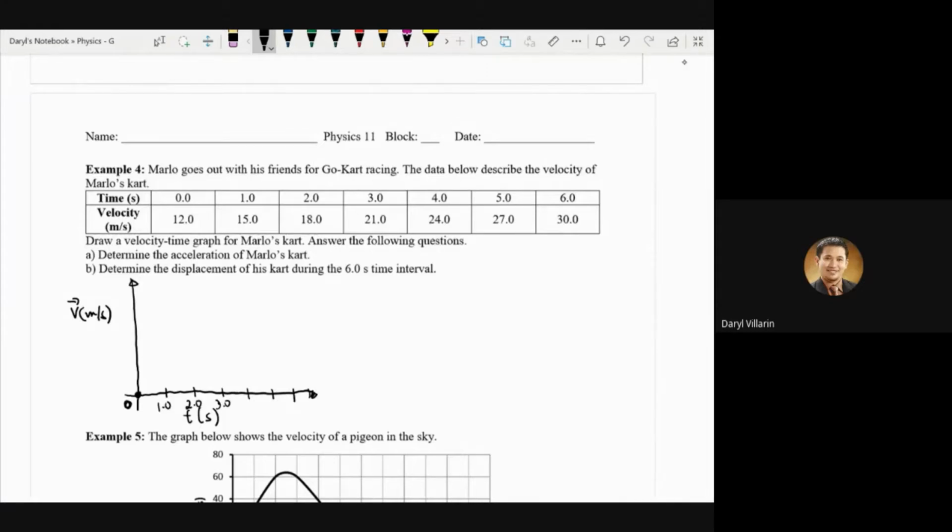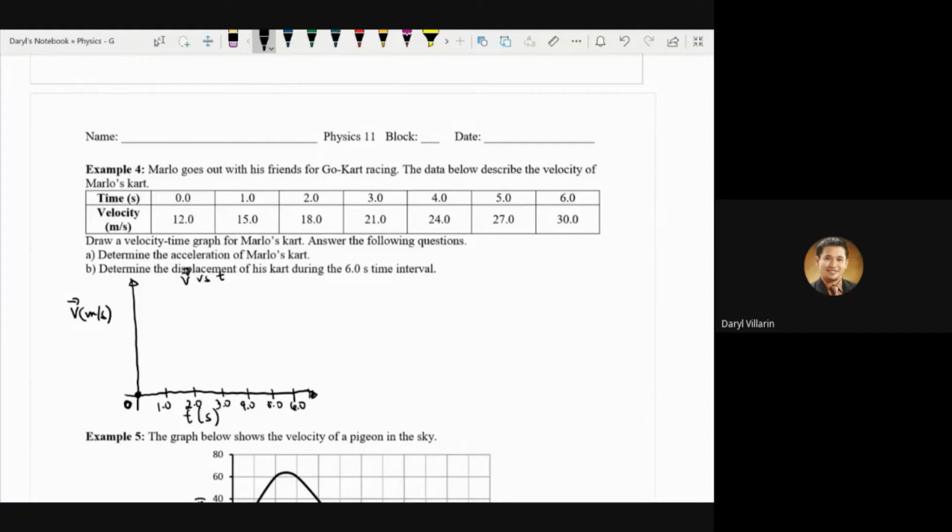Since I already placed the time and the unit symbol, I don't have to place the seconds each time on my x-axis. And by the way, for the title, you could just say V versus T.